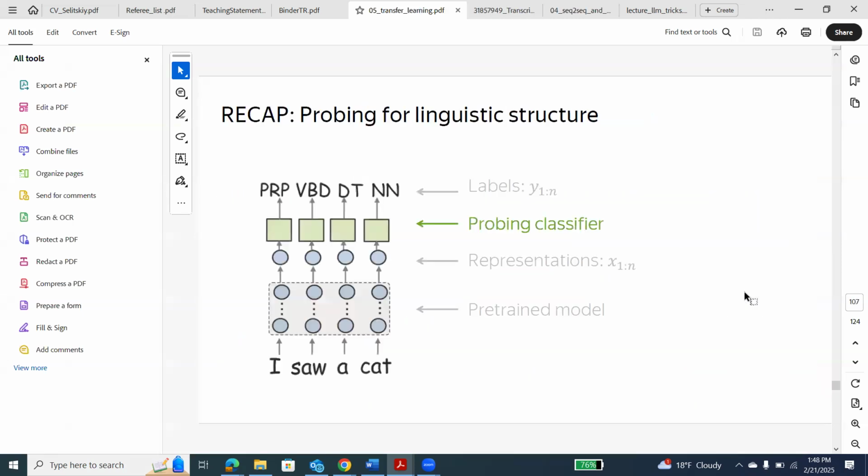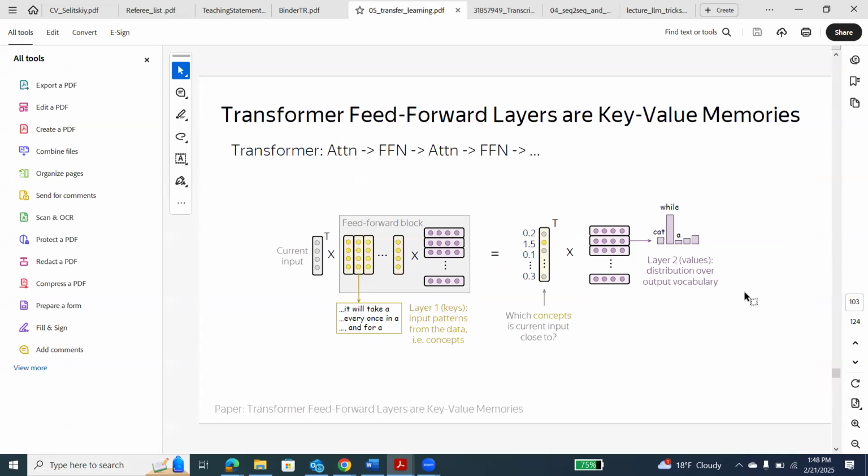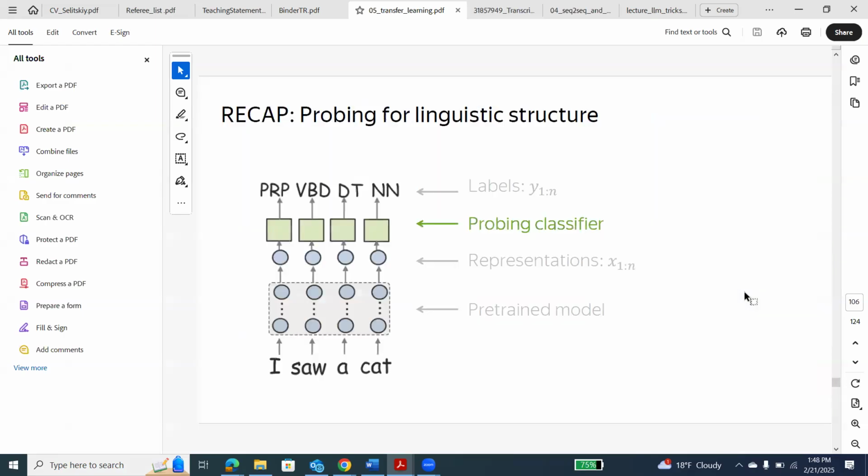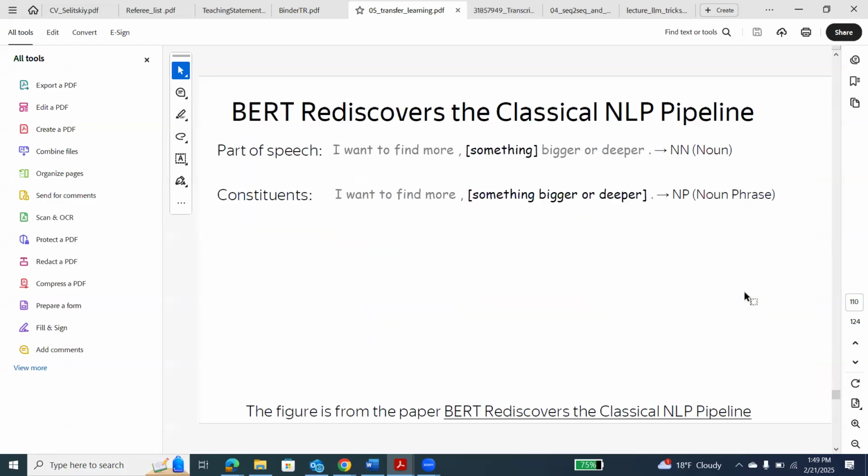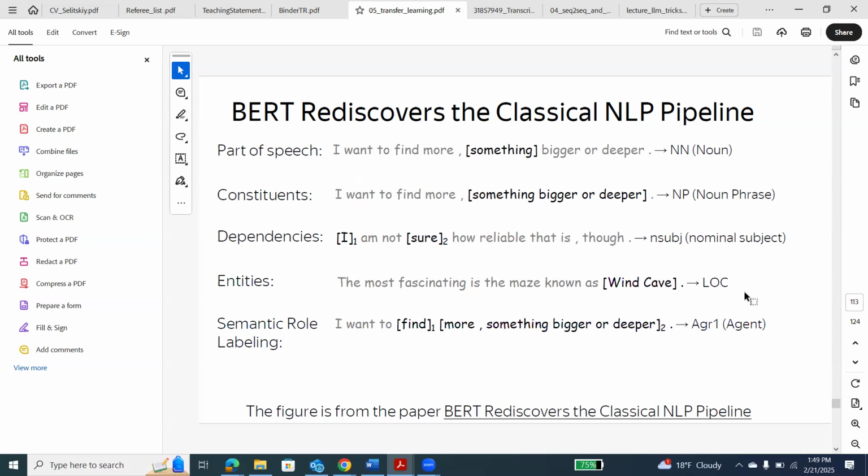So first of all, we talked about attention in large language models and transformers. These fully connected layers, actually, I kind of mentioned that they learn the probabilities of the next tokens. Then people try to evaluate this on the classical NLP tasks, like POS, part of speech classification, named entity recognition, and so on.